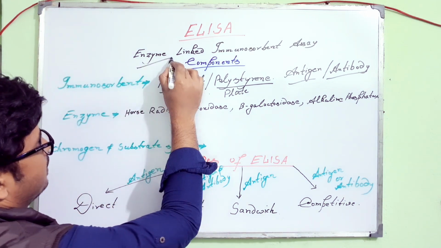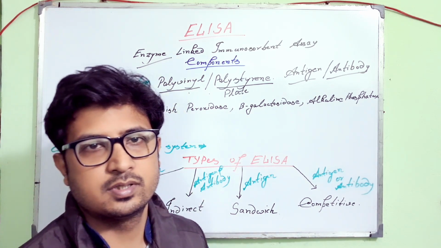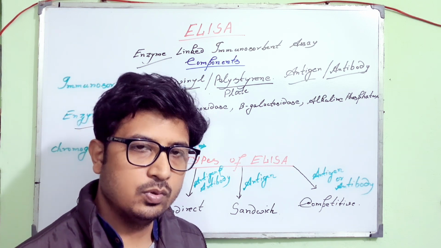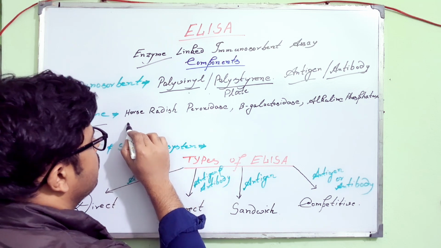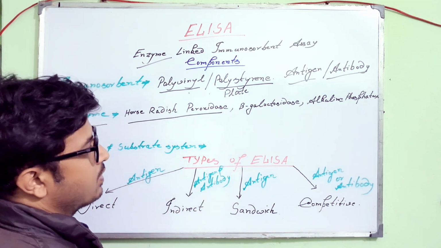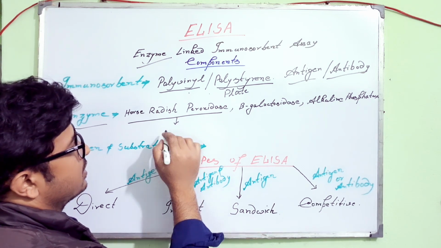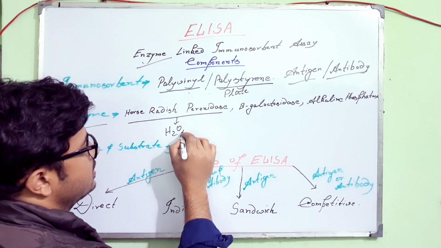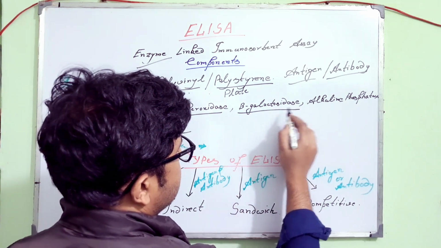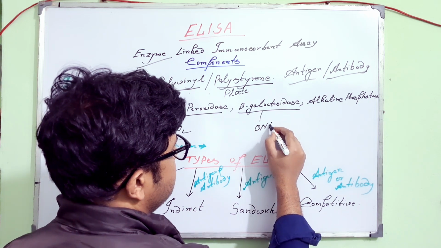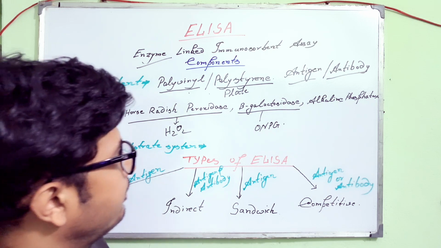Now next is enzyme. In this assay you can use several enzymes, but the substrates are different. Very commonly used is horseradish peroxidase. The substrate for this enzyme is H2O2, that is hydrogen peroxide. In case of beta-galactosidase, the substrate is ONPG, orthonitrophenyl galactoside.